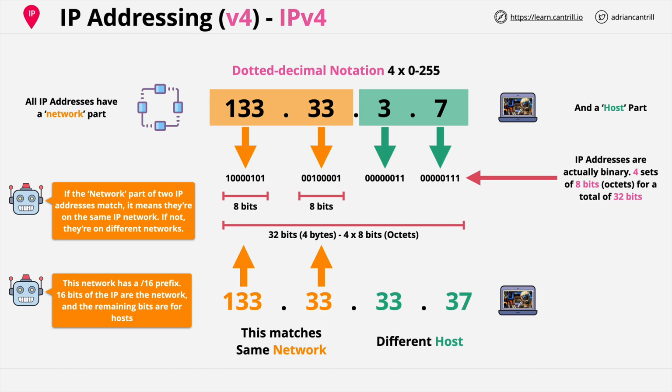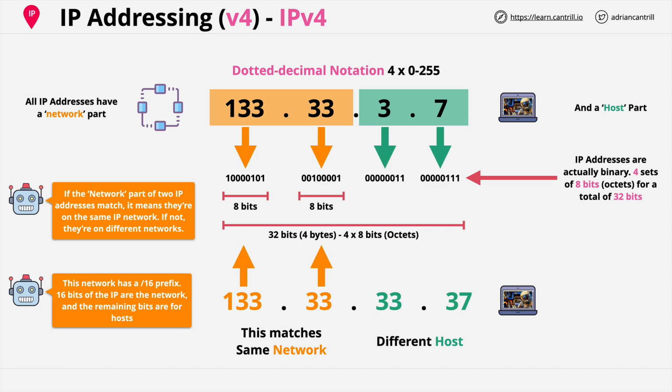I'm going to detail coming up next how this calculation is done. For now, I want you to be comfortable knowing that if the network component of 2 IP addresses match, then devices are local. If they don't match, then devices are remote. That matters when we start covering IP routing.